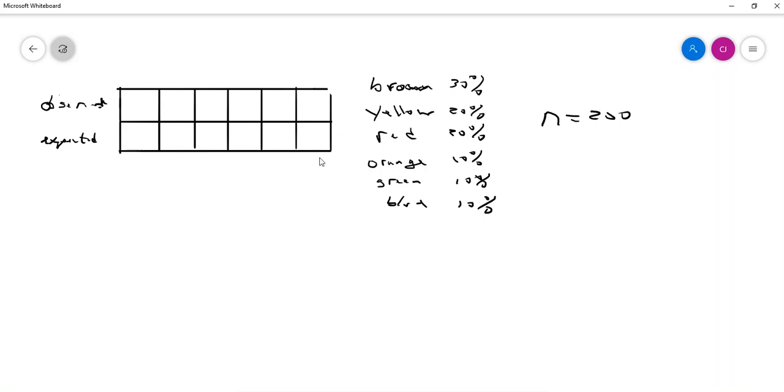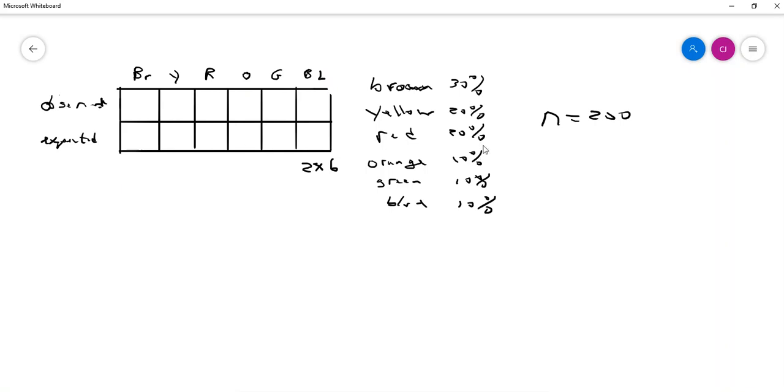So this is a 2 by 6 table, and we'll see why we're worried about that. So 2 rows, 6 columns, and this is going to be brown, yellow, red, orange, green, and blue.